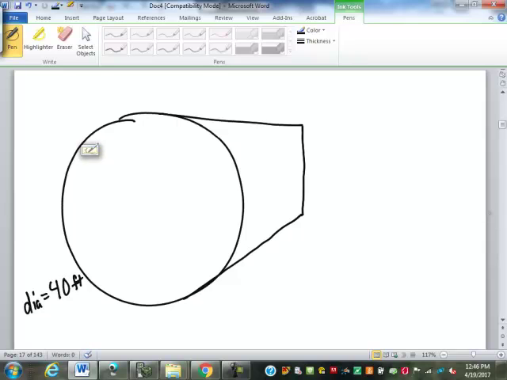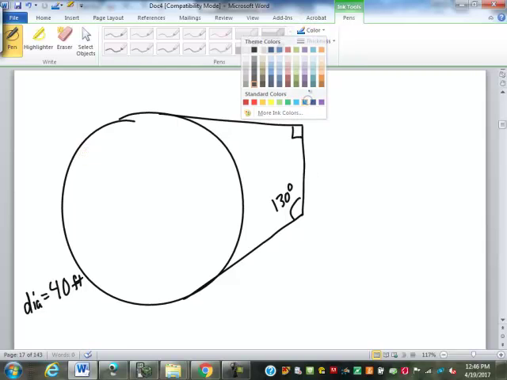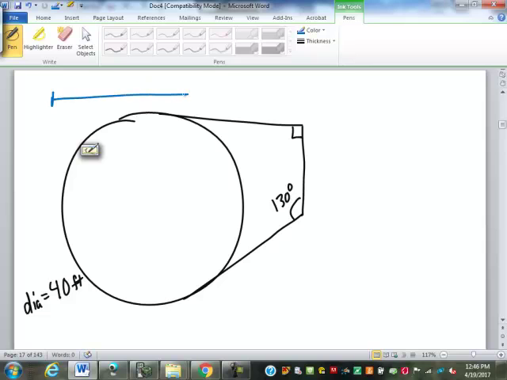And I'm going to tell you that this angle right here is, let's go with 130 degrees. This is a right angle. I want to know that distance.